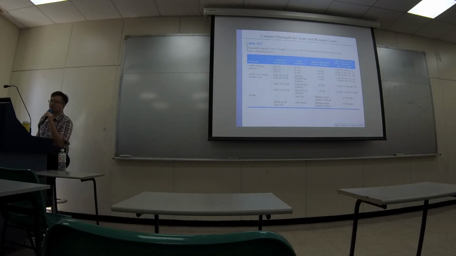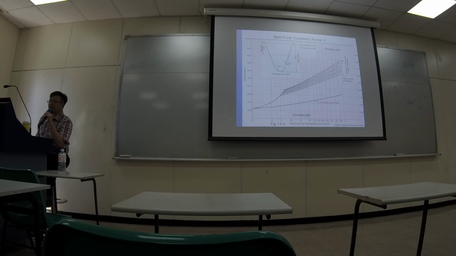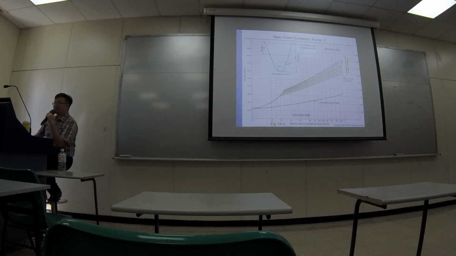I want to introduce you to all the K's. Okay, let's focus on this one. This is about the geometry. And I remember there's a table of J. Yes, so there's a geometry factor. It's about the shape.